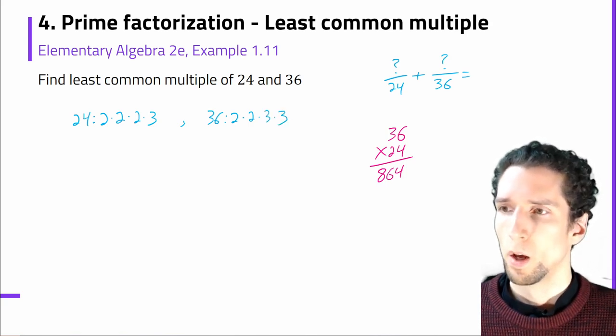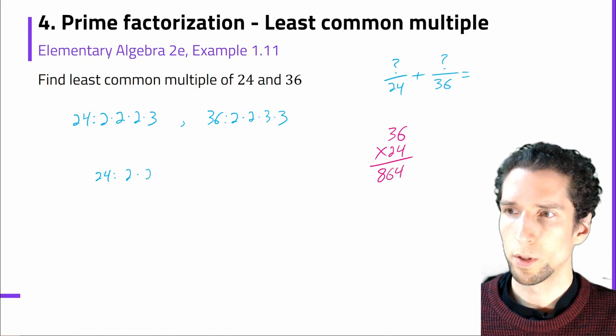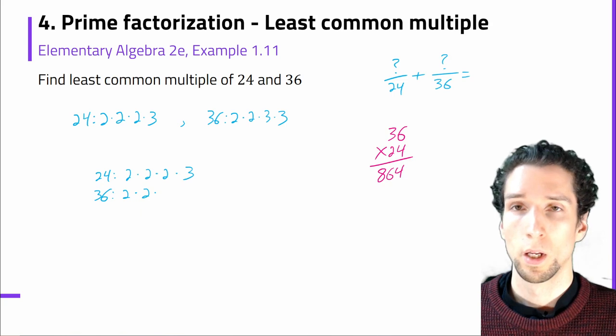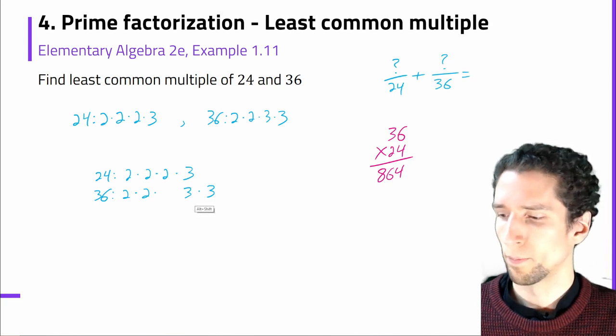Okay, so if I write these out, 24 like this, 2 times 2 times 2 times 3, and 36, I'm going to make these line up, 2 times 2 times, line up with the same numbers, so 3, and then we have an extra 3 there.